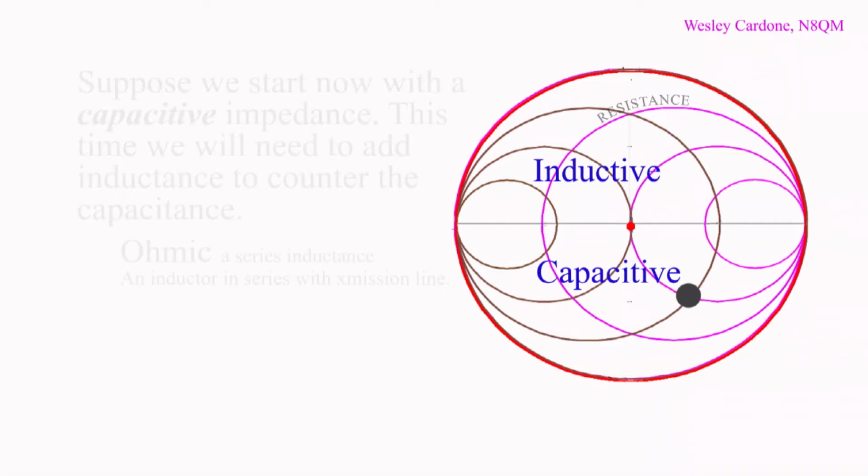Look at the big, bright outer red circle. That circle represents time, but we call it phase. It's a relative phase. One trip around the entire circle represents a half wave.